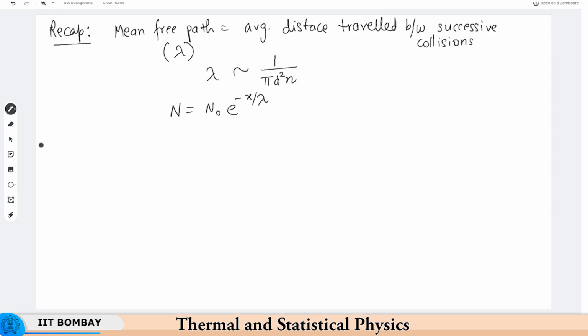So, basically in this class we will consider gases driven out of equilibrium.